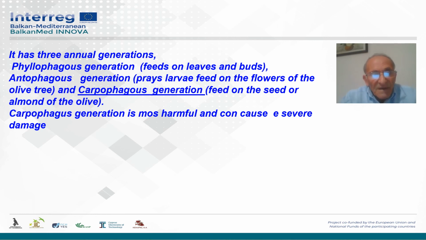Sometimes, in some cases, Prays makes more damage than the olive fly, but many farmers underestimate it. Many farmers do not have enough knowledge to detect the damage of Prays. Perhaps in the future, Prays will need more attention.